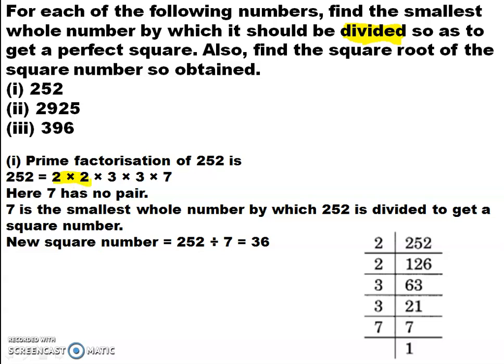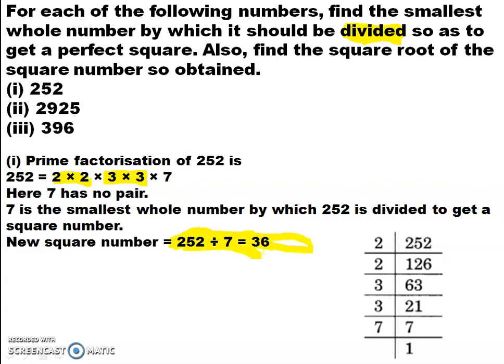Here 2 is having a pair. 3 is also having a pair. So who is the odd one out? 7. 7 is the smallest whole number to be divided. So instead of multiplying, you will divide the number given to you by 7.